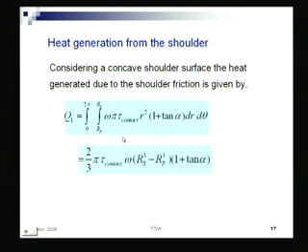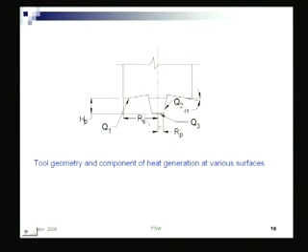So, these are the components. Considering the concave shoulder, the heat generated is calculated primarily from omega, which is your RPM, the angular velocity, right, on that it depends. And RS and RP are the physical dimensions, that means the outer radius and the inner radius.